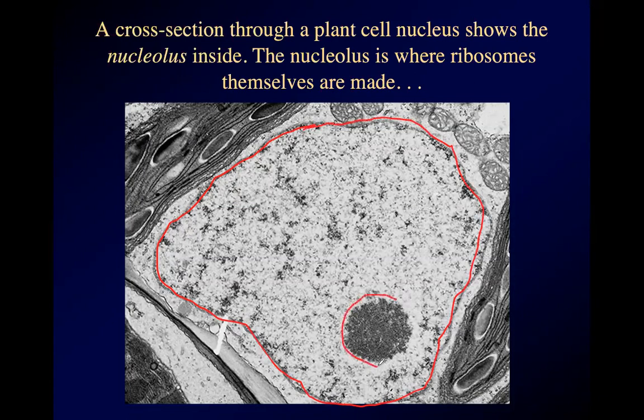This is it right here. This is called the nucleolus, and this happens to be where ribosomes themselves get made. That's where the cell can manufacture ribosomes, which of course pass out of the nucleus into the cytoplasm where translation takes place.